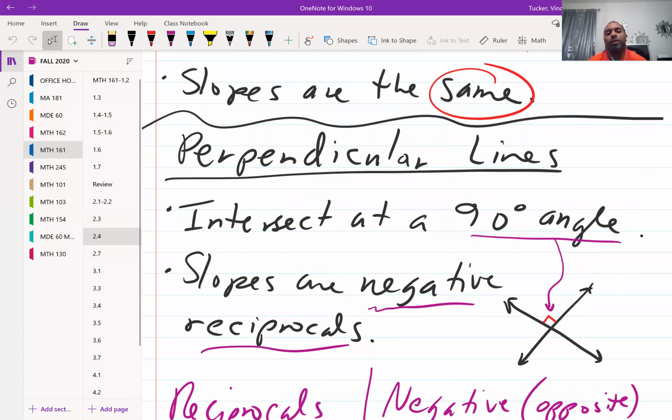All right. Perpendicular lines are lines that intersect at a 90-degree angle, and their slopes are negative reciprocals of each other. And don't forget, you can never assume that you have 90-degree angles.